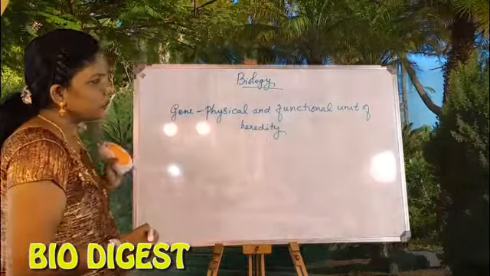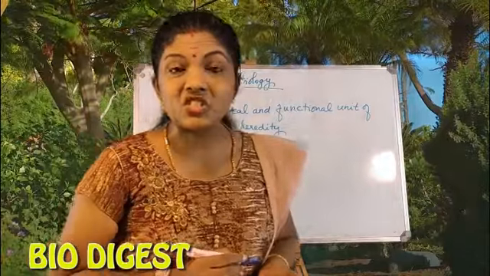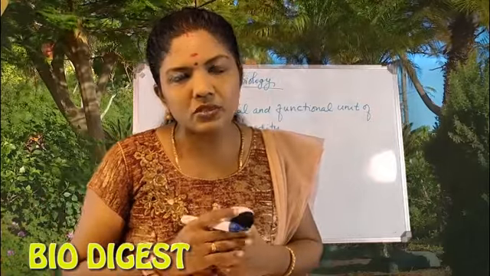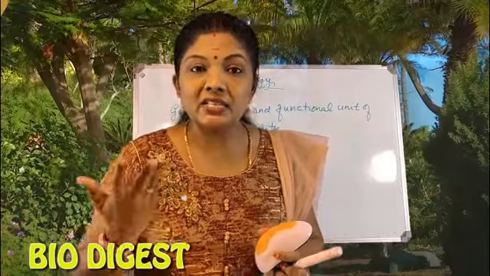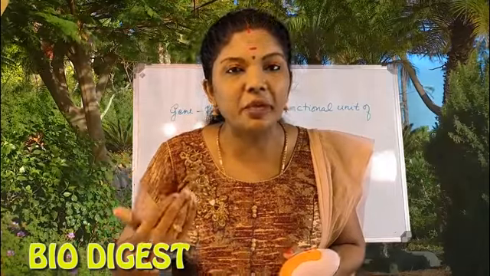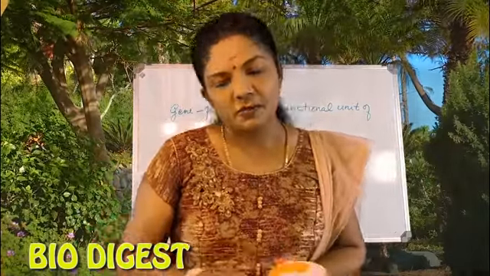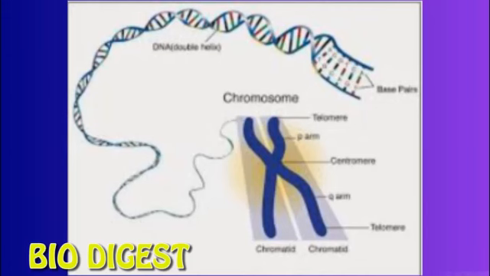A gene actually consists of DNA molecules. I told you DNA is the genetic material, so it will pass the genetic information from the parents to the offspring. Let us recall: what are chromosomes? Chromosomes are highly condensed coiled chromatin fibers.